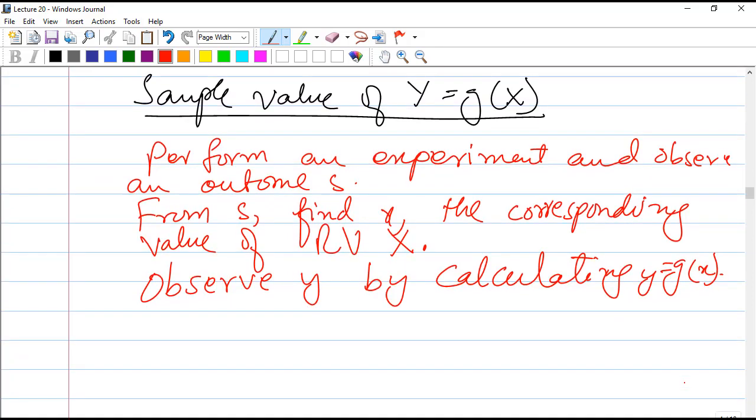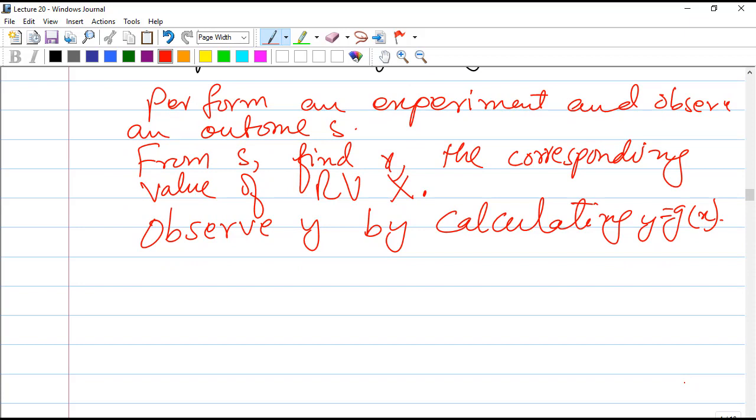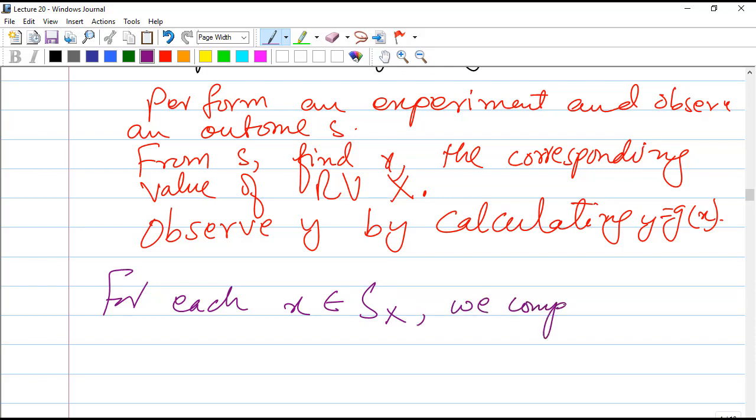It means that for each x that belongs to the range of X, we compute y is equal to g of x.